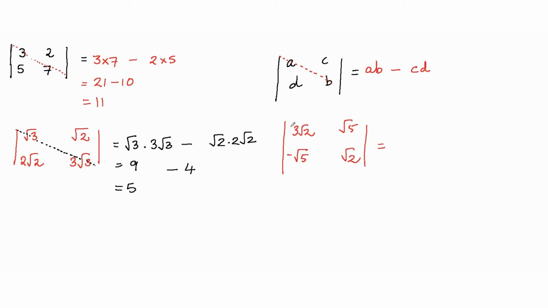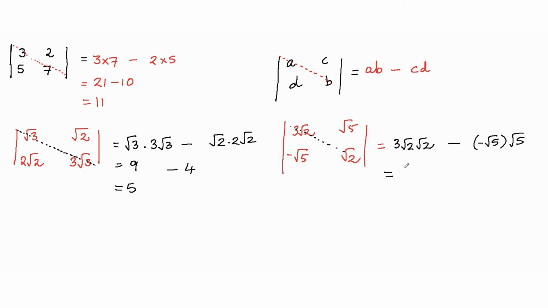The diagonal is 3 root 2 and root 2, so this is going to be 3 root 2 multiplied by root 2. Let's multiply the elements on the second diagonal. So it is minus root 5 multiplied by root 5. And then there has to be a negative sign in between, so you are subtracting the two answers.